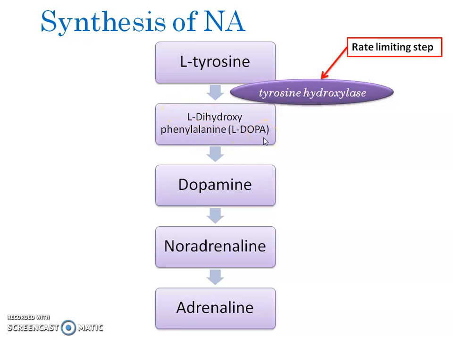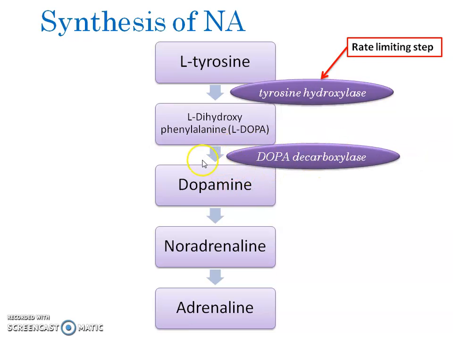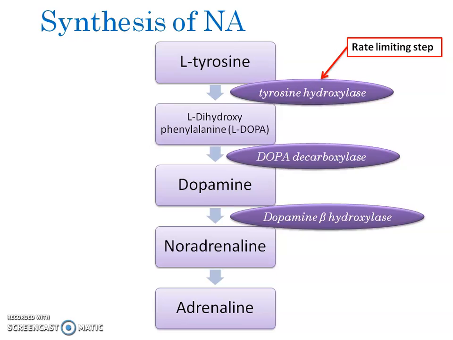And this DOPA gets decarboxylated, converting to the other main neurotransmitter, that is dopamine. But dopamine is a central nervous system neurotransmitter, and peripherally it has very minor actions. Then dopamine is again converted by beta hydroxylation to noradrenaline. The wanted neurotransmitter is now synthesized by hydroxylation, decarboxylation, and beta hydroxylation.